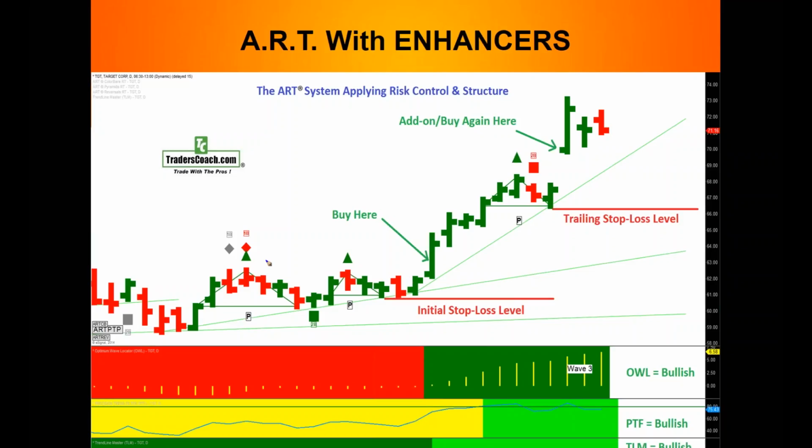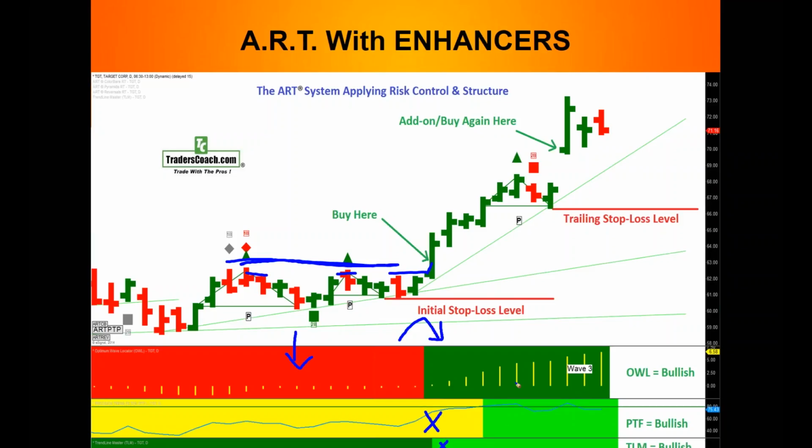And so here we're getting a situation where we have a red owl here. So we're not going to take these pyramids yet, okay? But then when it breaks above, because this is kind of a channel here, right? Then when it breaks above, notice the owl turns green, all right? We don't have at this point of entry a red PTF, so we can go long, and the trend line is green.